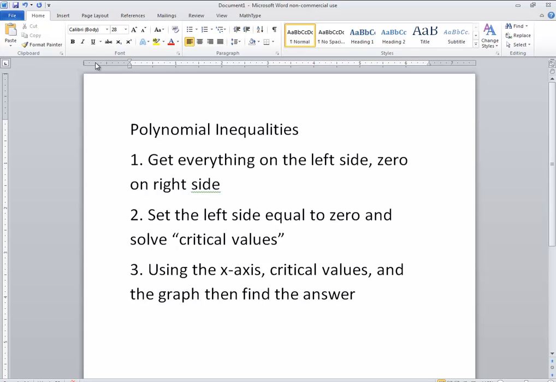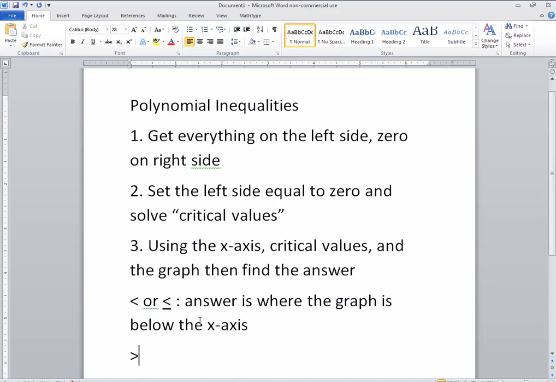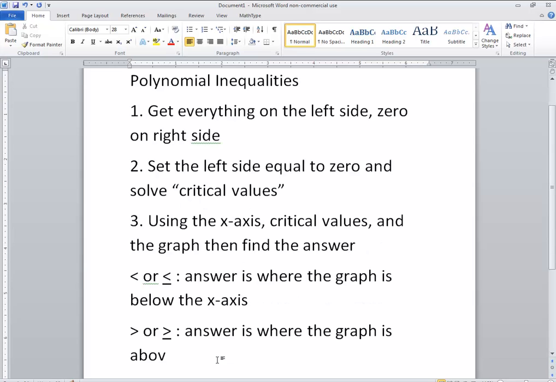Now for our answer, if it's a less than or less than or equal to, then your answer is where the graph is below the x-axis. If it's greater than or equal to, your answer is where the graph is above the x-axis.